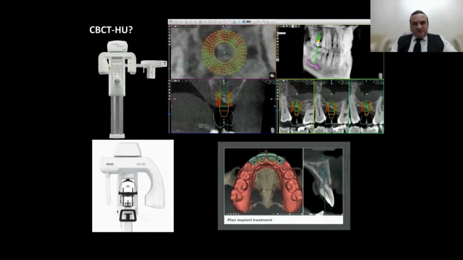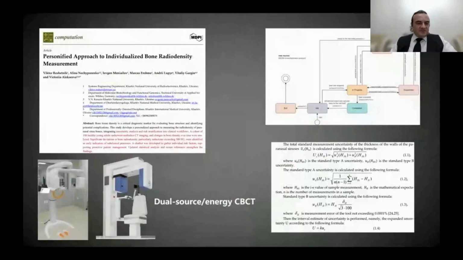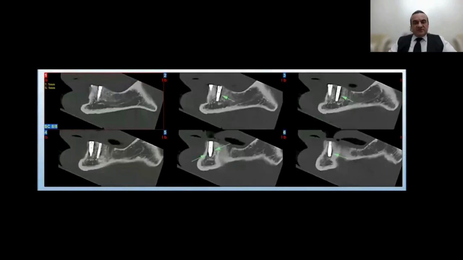But together with AI methodologies, we are now pushing forward to identify these types of standard units on CBCT images as well. If we have dual source energy, dual energy CBCT, then we can straightforwardly identify a personalized approach to radiodensity.